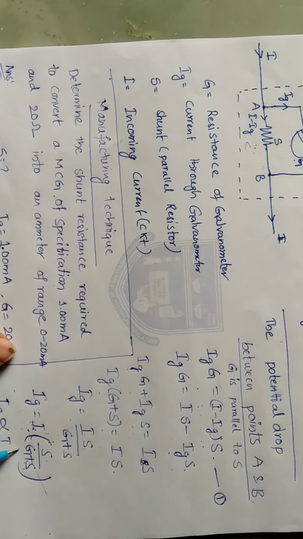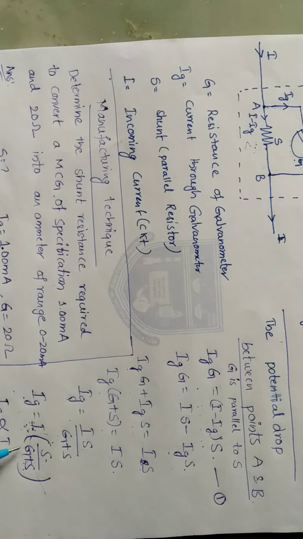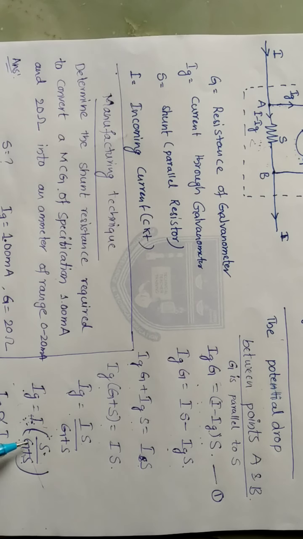What is the significance of this? In this equation, Ig is the current flowing through the galvanometer, I is the incoming current in the circuit which we want to measure, S is the shunt and G is the resistance of the galvanometer. The quantity in the bracket remains constant, because S is constant once we manufacture the device, and G is also constant.